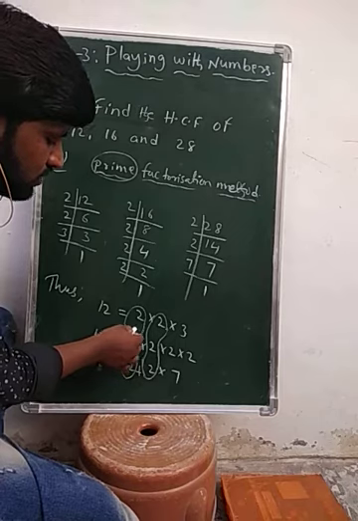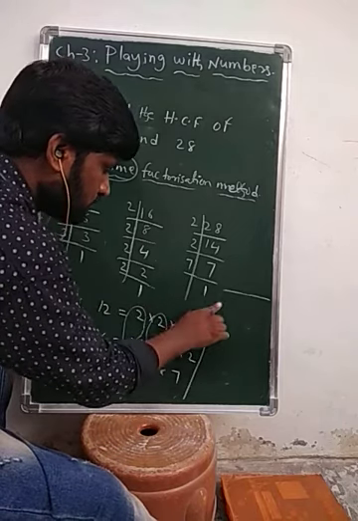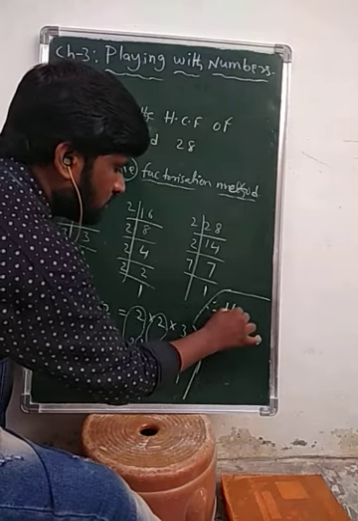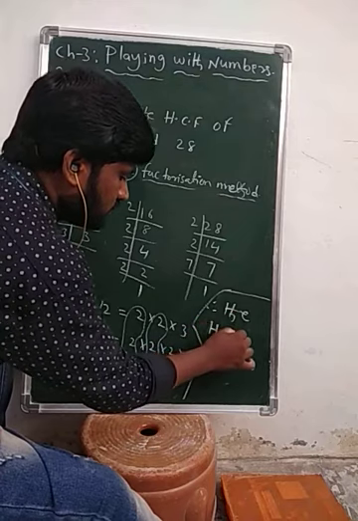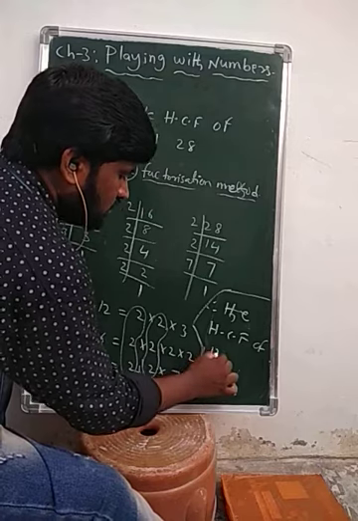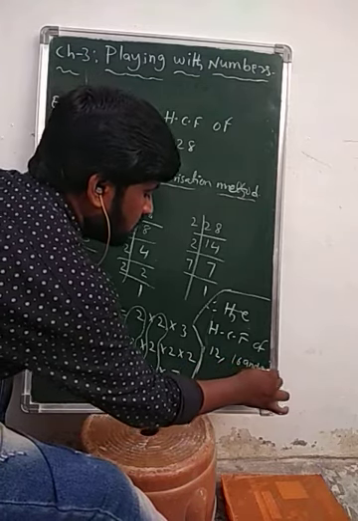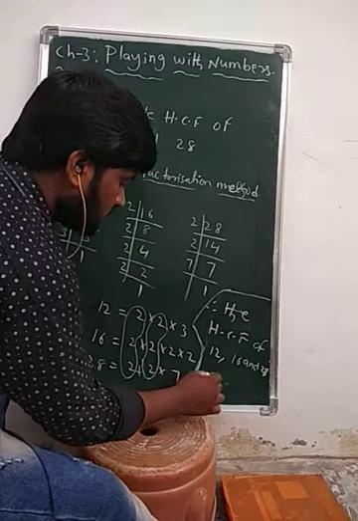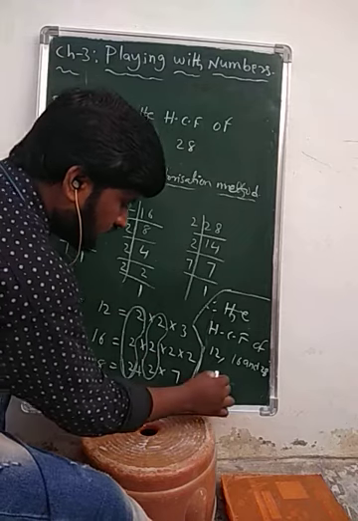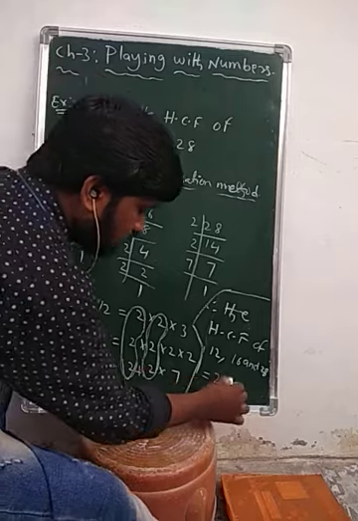So clearly which is common? 2 is common. Therefore the HCF, the highest common factor, of 12, 16 and 28 is equal to, from this group you consider one factor, and from this group also you consider one number.